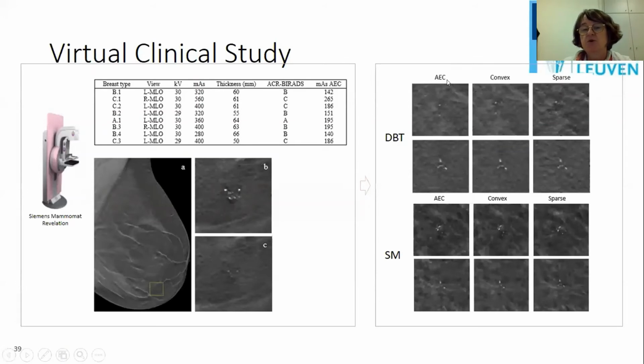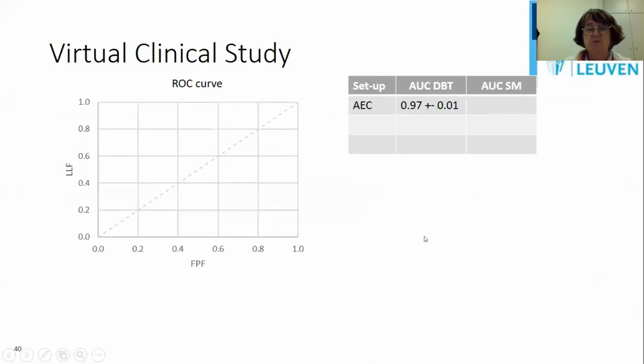This is a DBT run at AAC with the normal projections, but here we can do convex, so somewhat higher dose in the middle, less to the periphery, and also sparse, just selecting fewer projections, but the same total angular range. And Liesbeth did this for DBT and synthetic mammography.